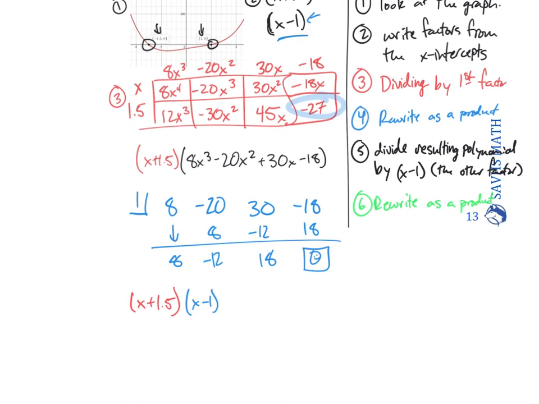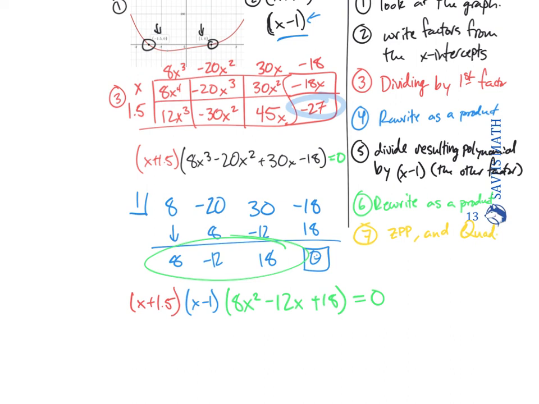Then I have what I get at the end of the division. So I get 8x squared minus 12x plus 18. And then this is equal to 0. This is equal to 0 here too. So now I can do step 7, which is zero product property and quadratic strategies.